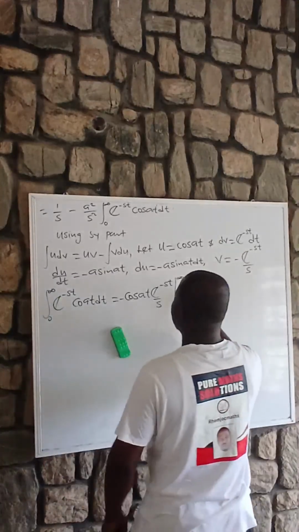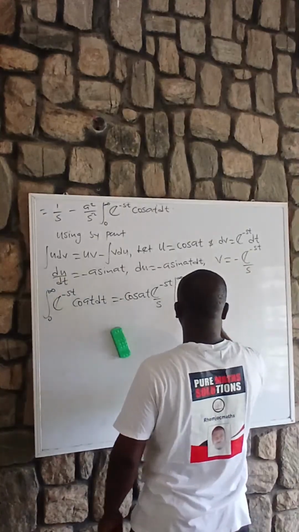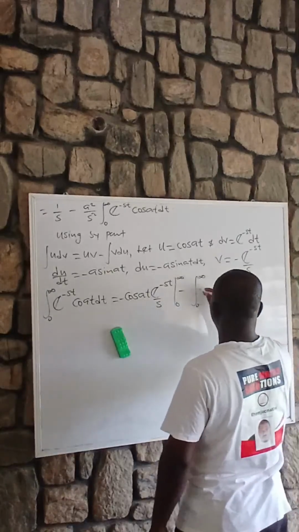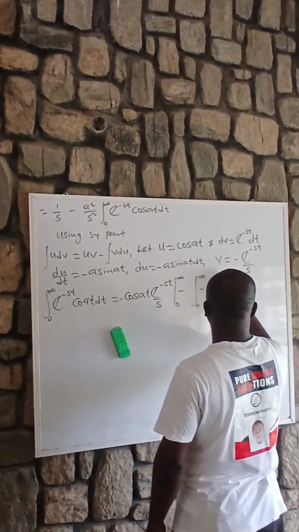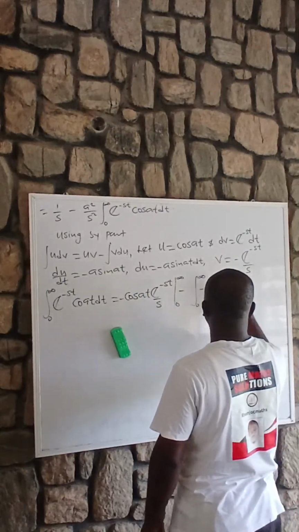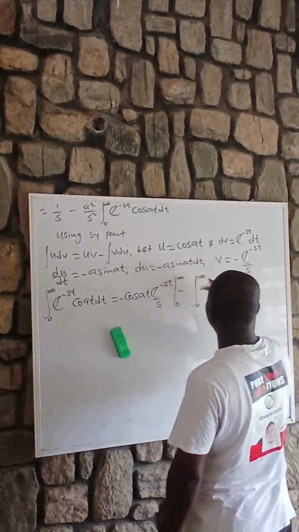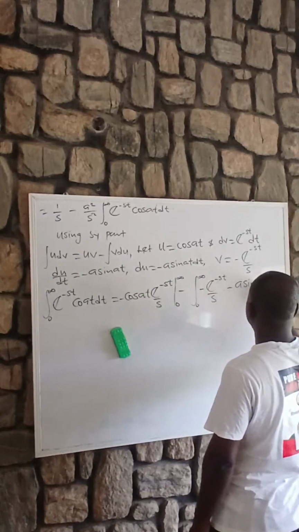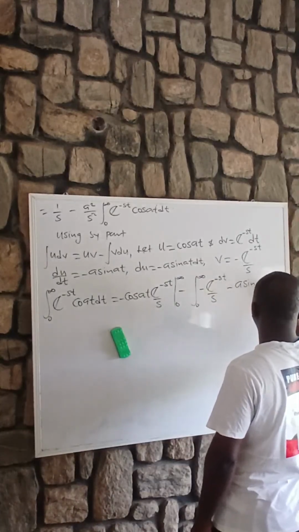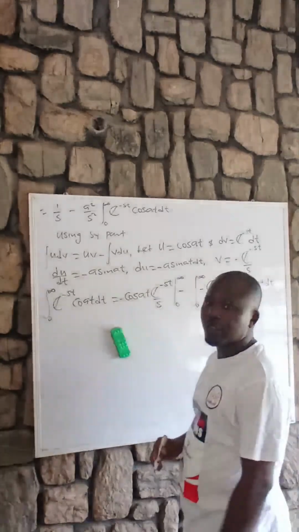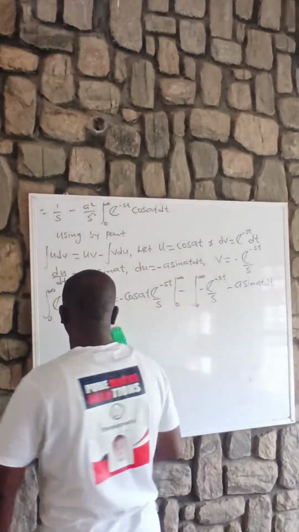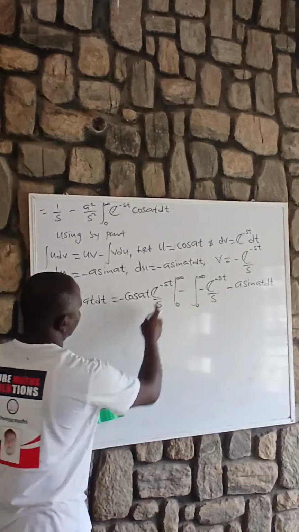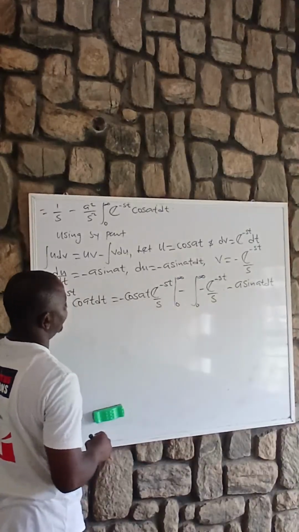Then minus the integral from 0 to infinity of v, which is minus exponential minus st all over s, times du, which is minus a sine at dt. True or false? It's true, right?